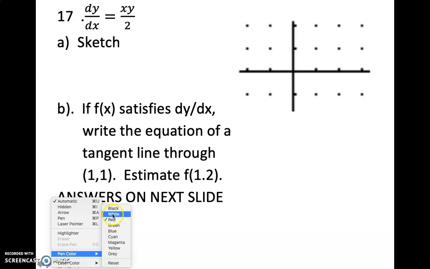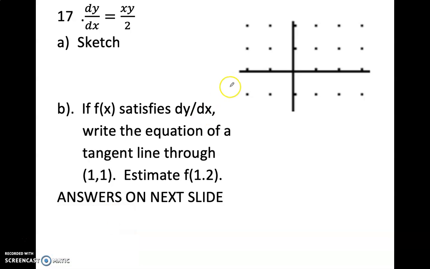We'll go to green. All right, so first of all, sketching this, I'm not going to spend a lot of time since we did that in another video, but basically we're putting in at 0, 0, x is 0, y is 0. You multiply 0 times 0, 0, divided by 2 is 0. You get a slope right there. On an AP test, you will be expected to graph that, make it very obvious, make sure it shows over the x-axis so they can see that.